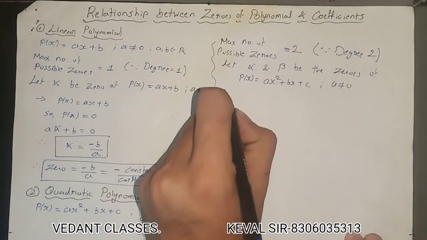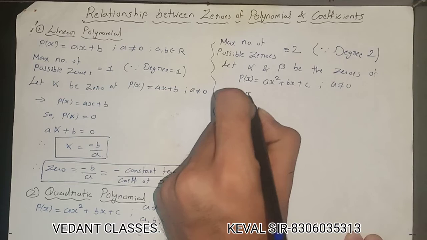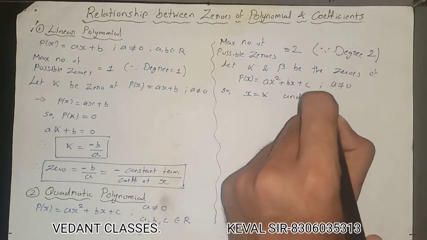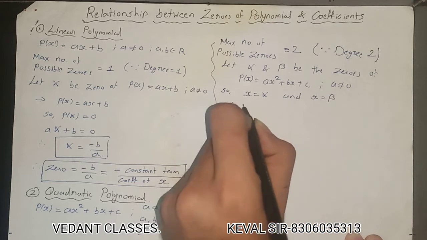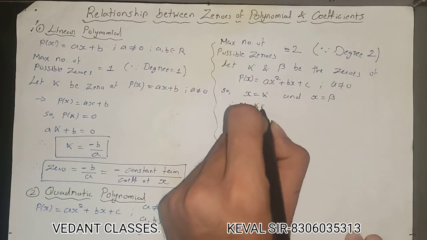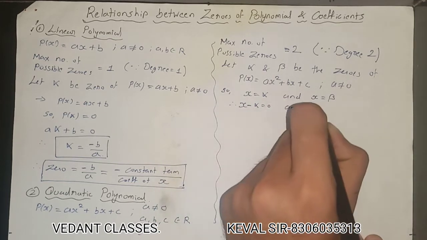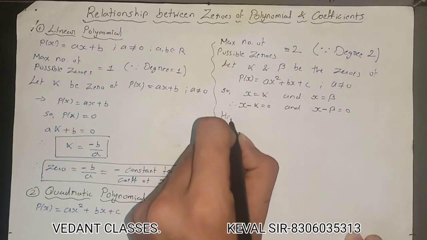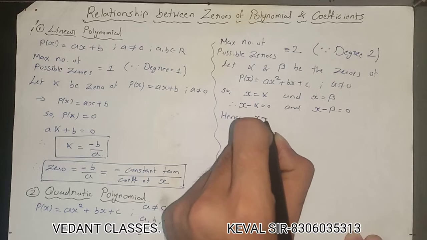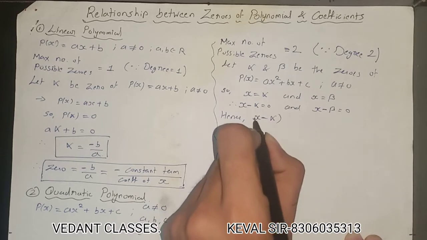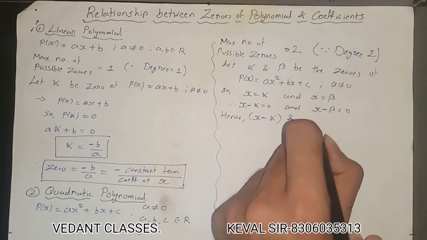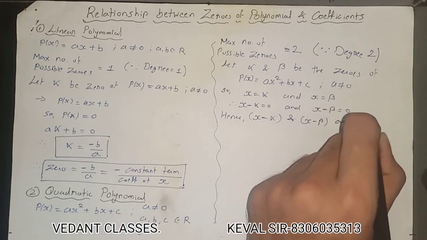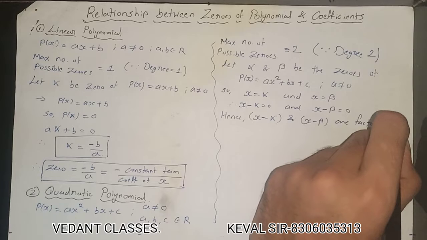So what does it mean? The value of x can be equal to alpha and x can be equal to beta, therefore x minus alpha equal to 0 and x minus beta equal to 0. Hence x minus alpha and x minus beta are factors of p of x.